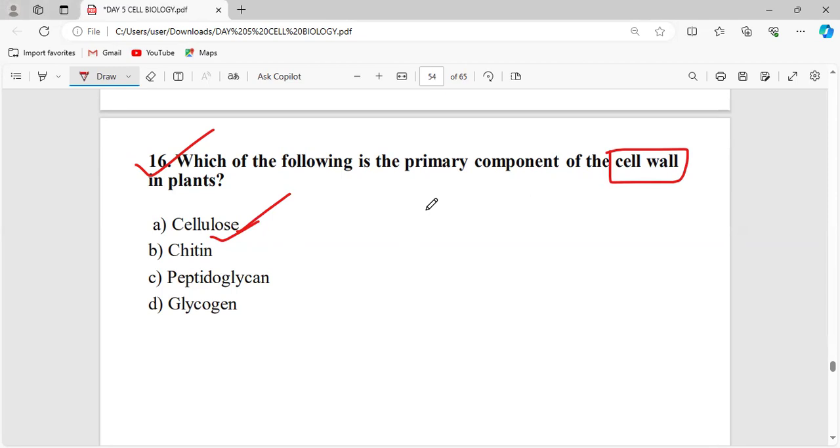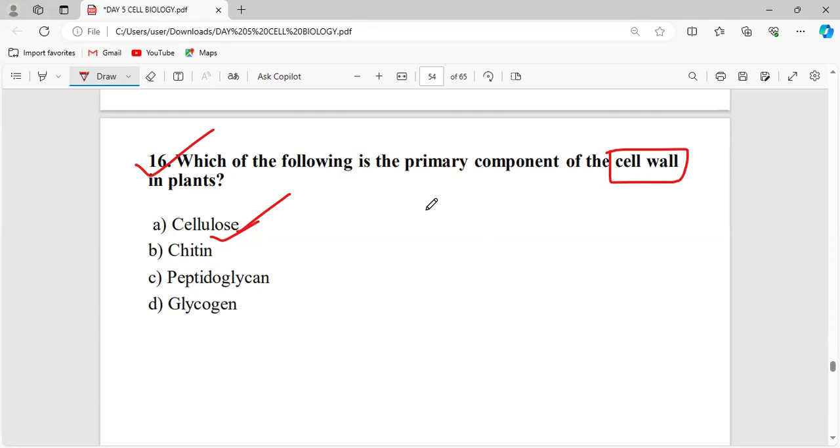This is the strongest supportive system in the plant cell. Okay, and what is their function mainly? They are giving a skeletal system to the plant. Okay, and they are the ones determining the size and shape of the cell, and they also determine the limits of expansion and water uptake. Okay, how it has to enter into the plant.